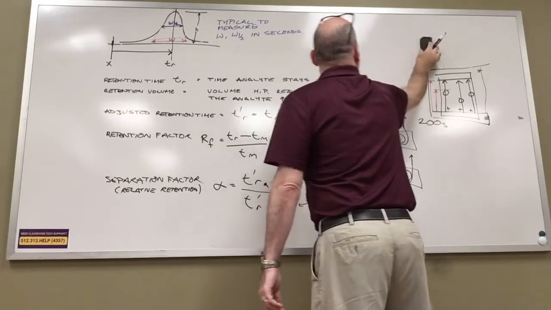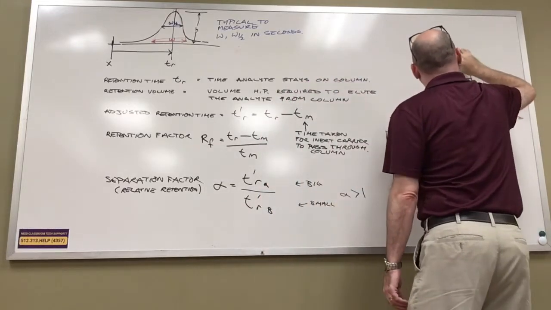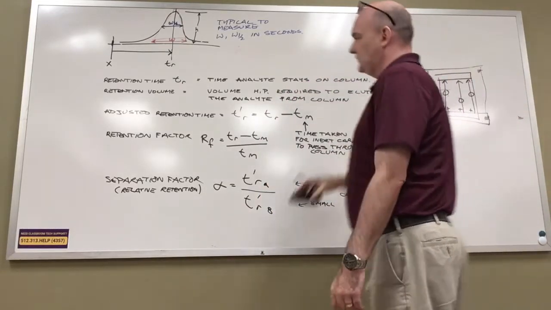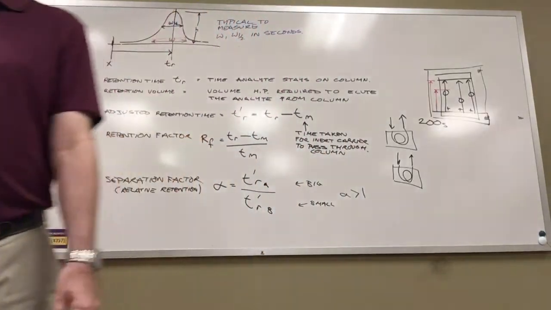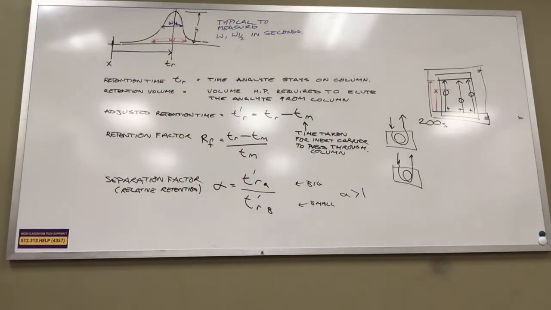Now remember distribution coefficient? We talked about it on the first day, that column chromatography had lots of things in common with distillations, fractional distillations, and it has lots of things in common with solvent extractions.